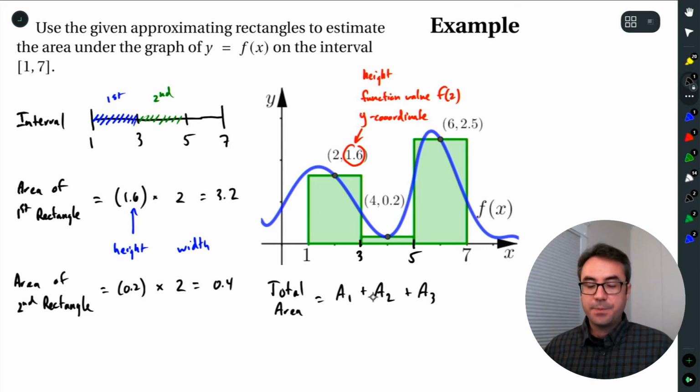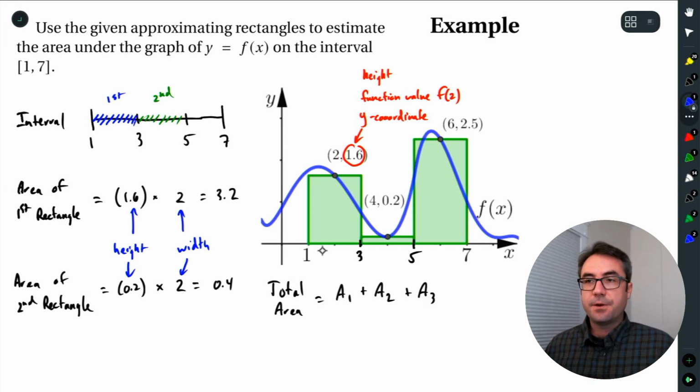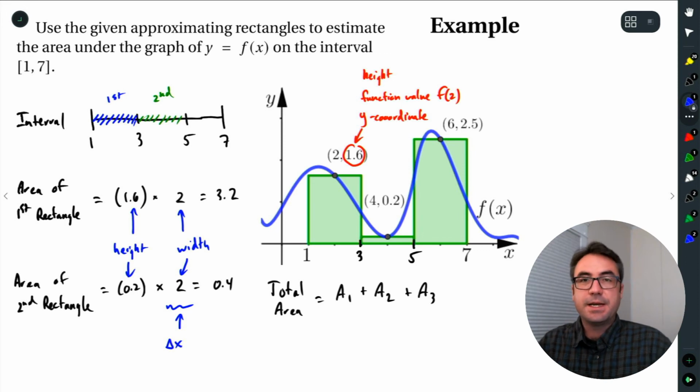And for purposes of cleaning up the notation a little bit, the width we can think of as delta x. A lot of times we use delta x to indicate the width. And because all these subintervals are nicely equally spaced, delta x isn't going to change. It's all the same width.